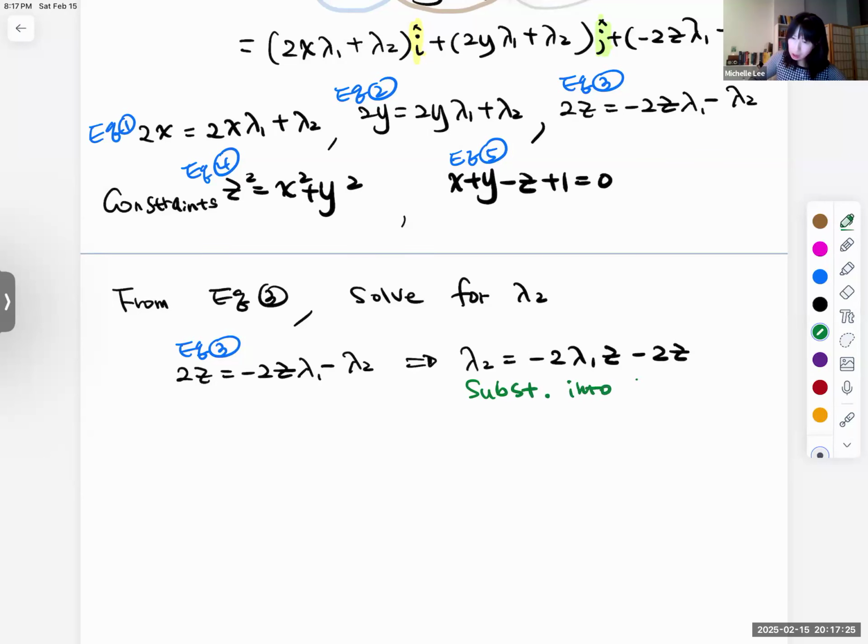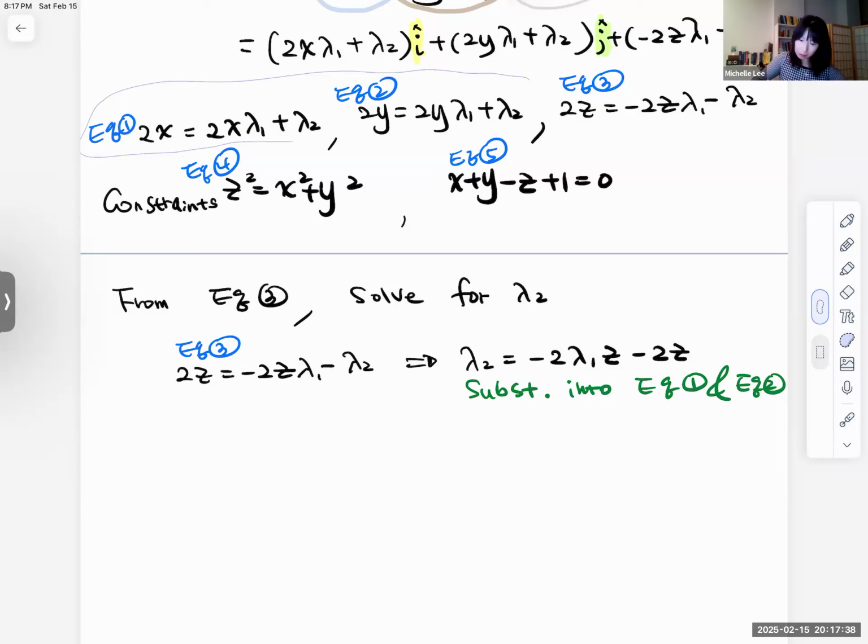into equation 1 and 2. You can do whatever you like.